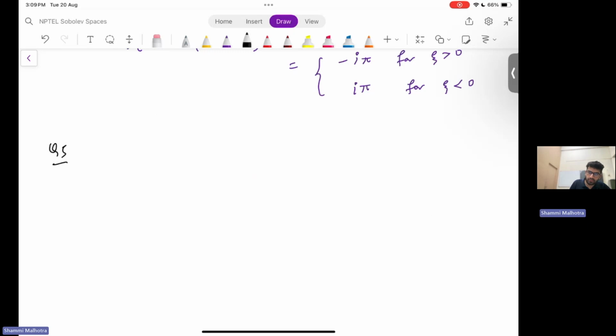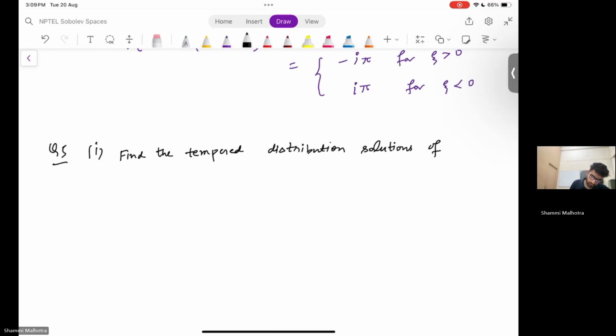It has two parts. The first part we would like to do is to find the tempered distribution solutions of du by dx plus lambda x cube equal to 0, for real lambda to be non-zero.